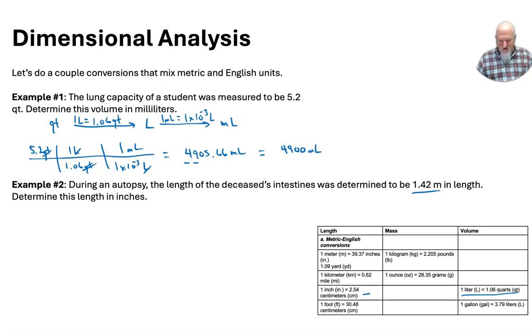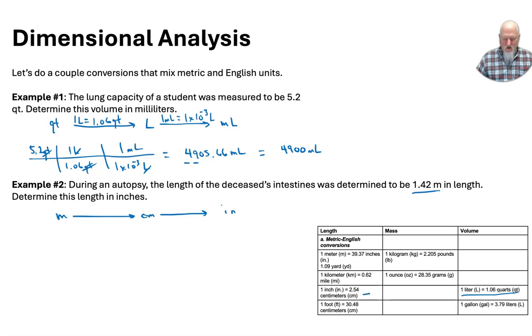So we can see that if we get to centimeters, we can get to inches because 1 inch is 2.54 centimeters. So that means if we get meters to centimeters, which is a metric conversion, we can get to inches. So we need to go meters to centimeters and then to inches.